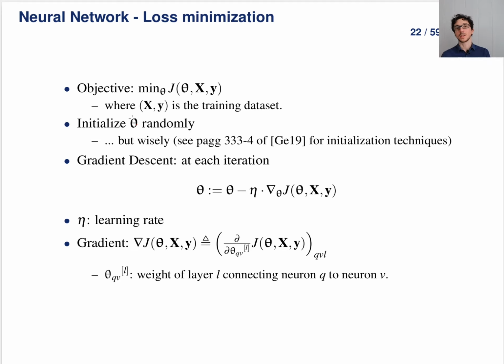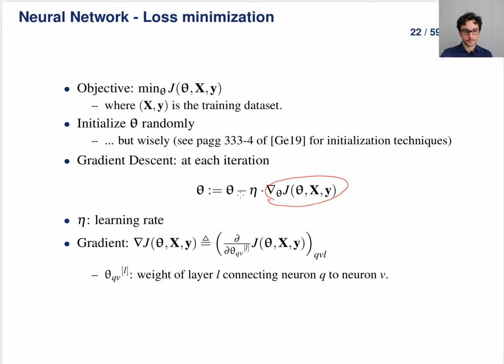It's not actually completely random, but there are specific techniques to do it properly. We will not see them anyways. Then at each iteration we will first compute the gradient of the loss function, and then we will update the parameter.